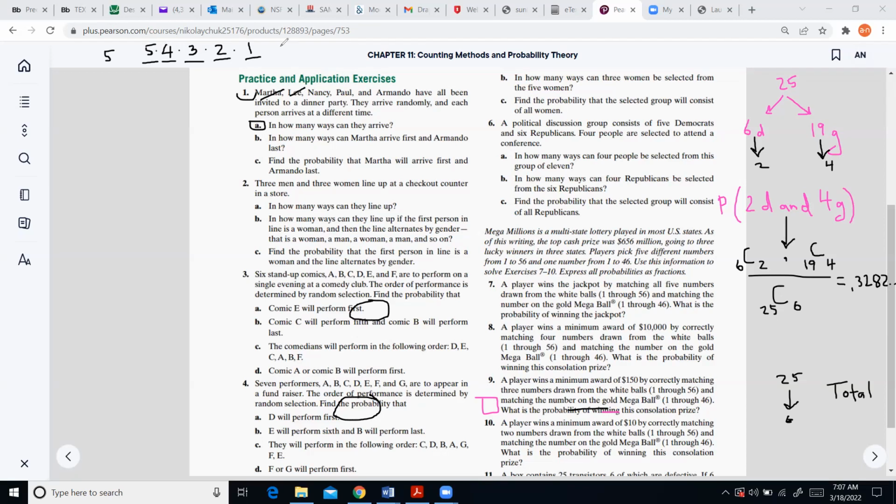So it's actually 5 factorial, remember? Or you could also treat it as selecting all 5 out of 5 people and permuting them. So you could also say this is permutations from 5 to choose 5. So either way, you will get the same answer, which corresponds to 5 factorial, which is what, 120.